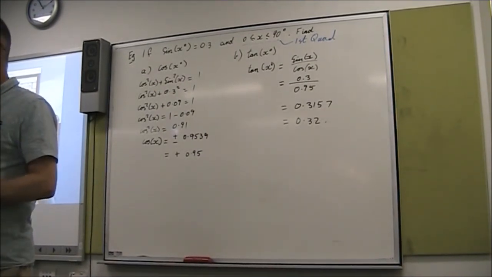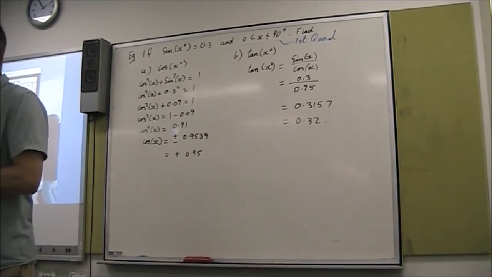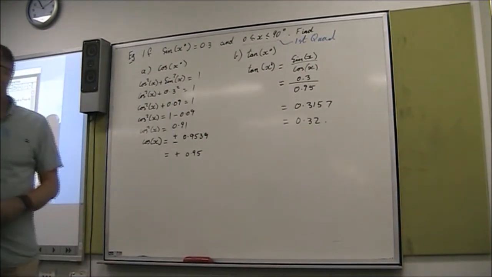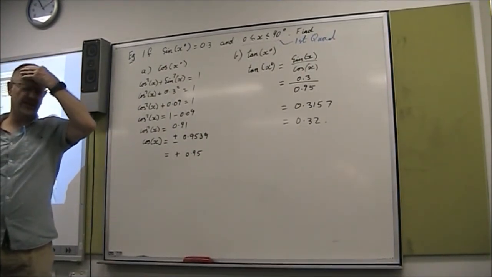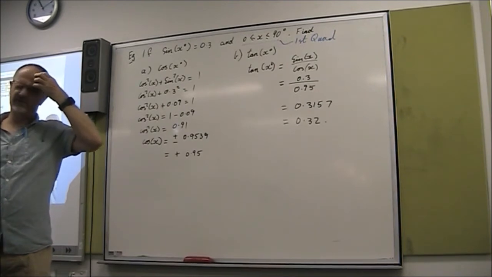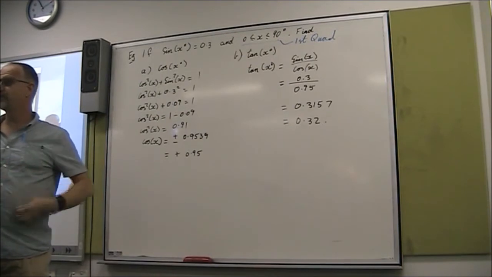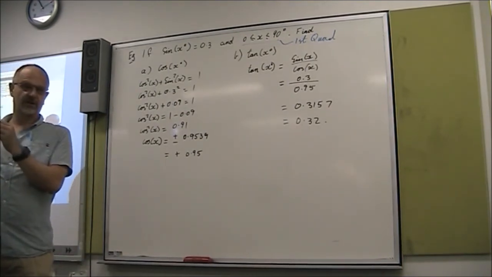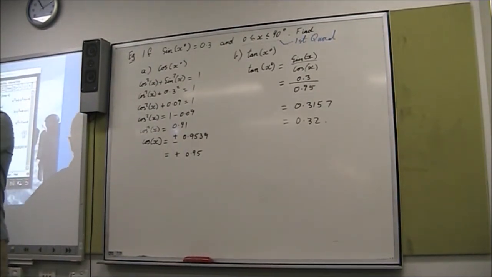So if they say give your answer to 2 decimal places, then you don't need to do that at all. If they ask you a particular thing in the exam, I'll give you an example from further maths. One of the questions in the exam was what percentage does this particular thing affect the other one.